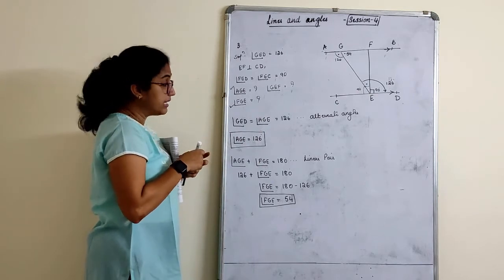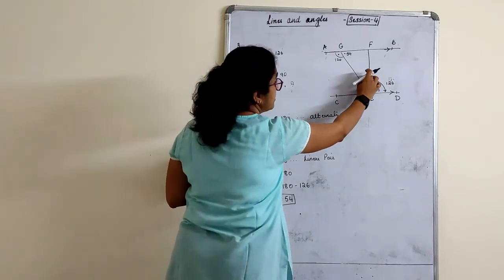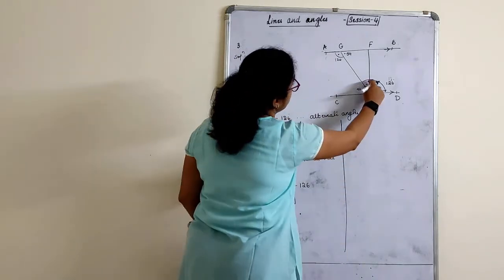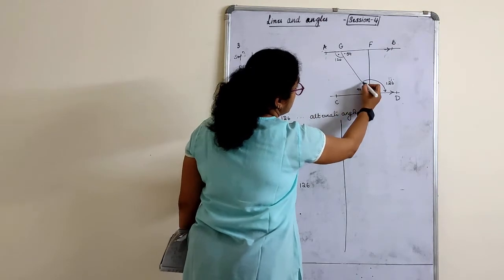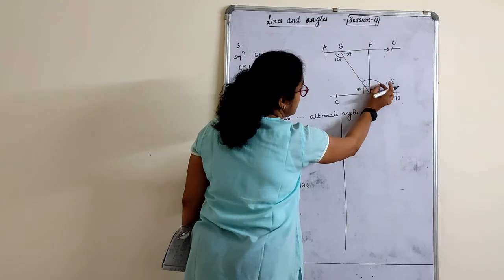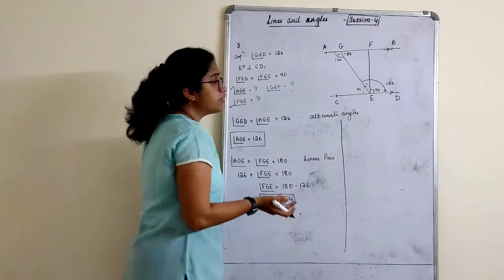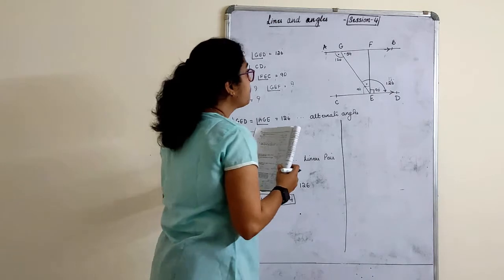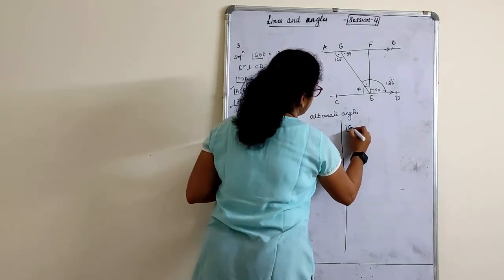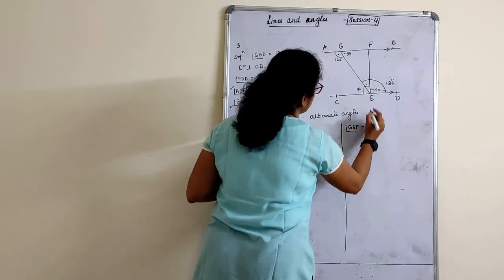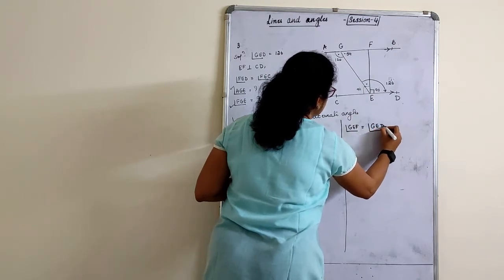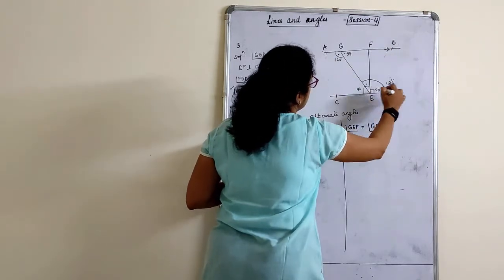The last remaining is now GEF, that is this one. How do you find that now, children? See here. For this angle to be found out, do we know the whole angle? 126. Do you know the part angle? 90. Whole minus part will give you this. So angle GEF is equal to angle GED minus angle FED.